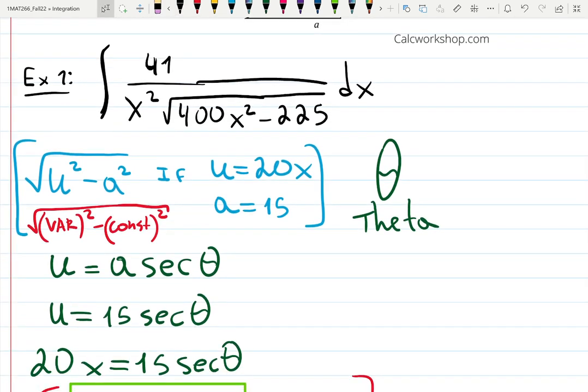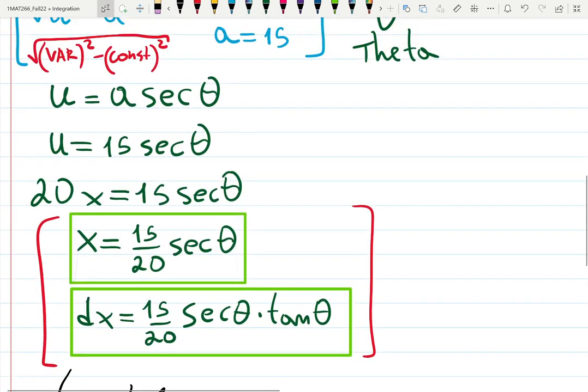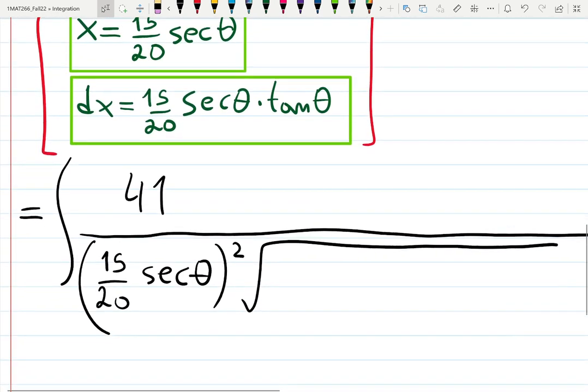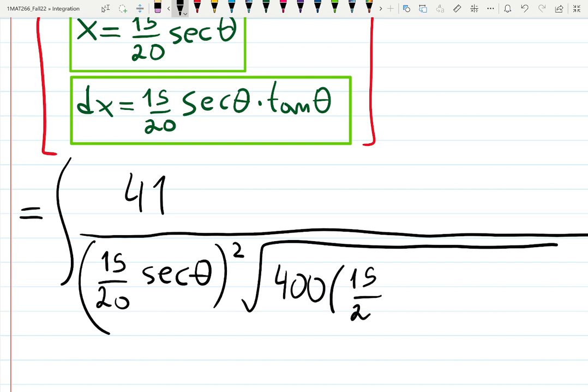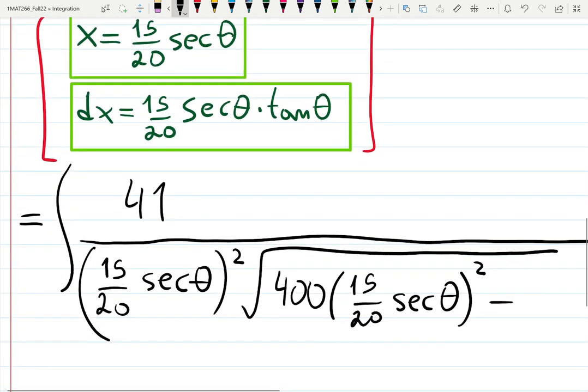Now the square root is a huge square root in the denominator. And it says 400x squared. Okay, we know how to do that. It's going to be 400. Same thing. 15 over 20 secant theta squared minus, and the last part is 225.